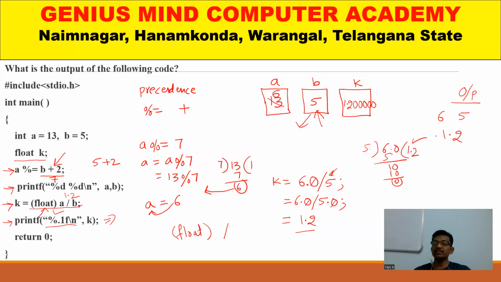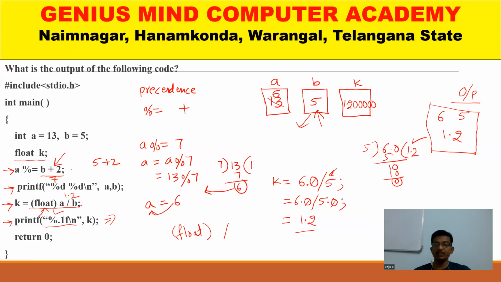So friends, this is the final output when we execute this piece of code. Return 0, close. From the first printf statement, the a value and b value will be printed as 6 space 5.